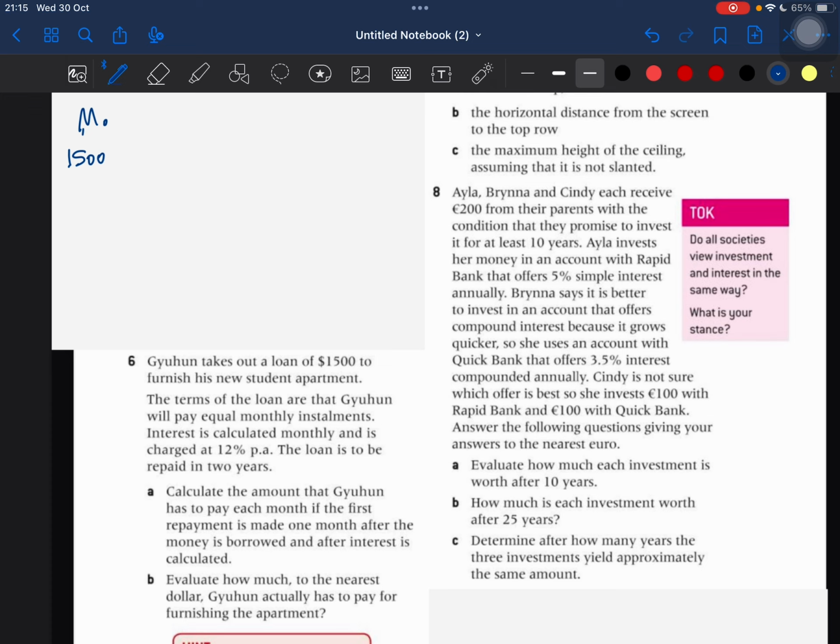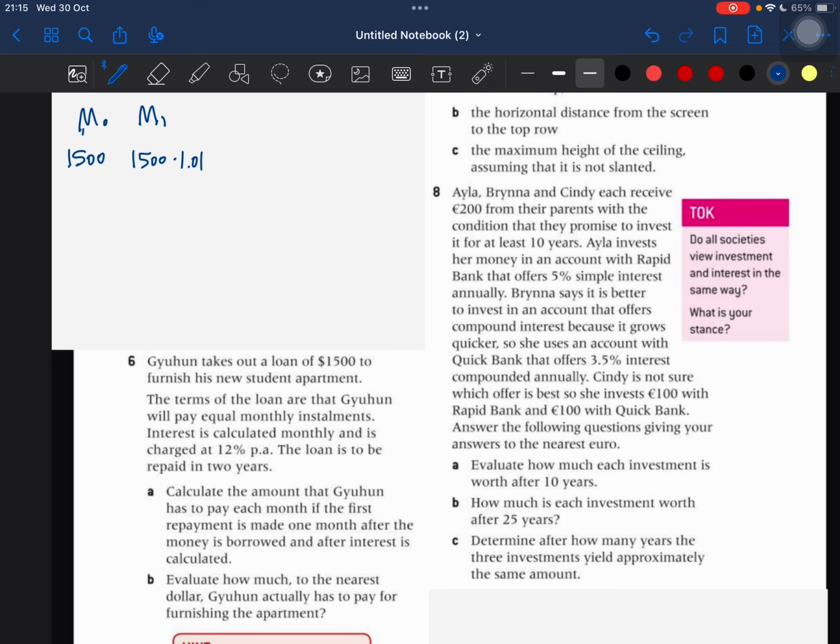And this doesn't change the value yet because no time has passed. After 1 month, because 1 month has passed, the value of this amount changes. So how much does it change? 1%. So 1,500 times 1.01.